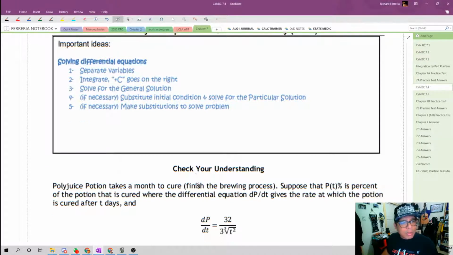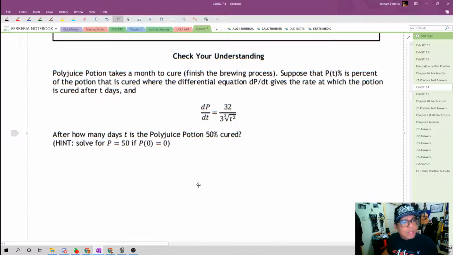So here is our check your understanding. Polyjuice potion takes a month to cure. Curing, of course, is finishing that brewing process. And so suppose that P(t) is the percent of the potion that is cured, and the differential equation dP/dt gives the rate at which the potion is being cured.